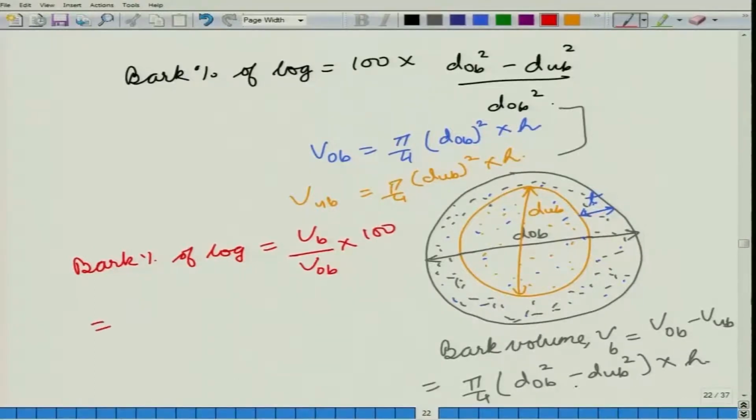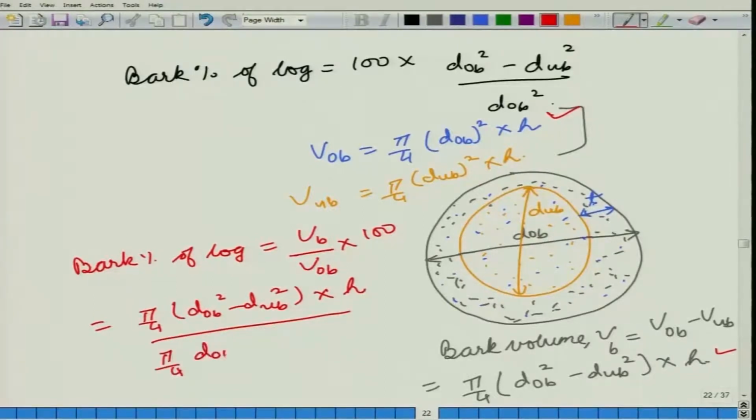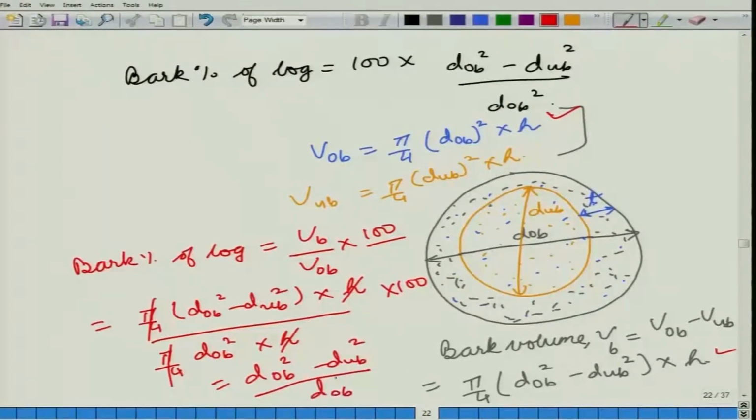So, it is VB, we take it from here, pi by 4 into DOB square minus DUB square multiplied by height, divided by the overbark volume from here. So, it is pi by 4 multiplied by DOB square multiplied by h, and then we need to multiply it by 100. So, pi by 4 and pi by 4 get cancelled, h and h get cancelled. So, we get DOB square minus DUB square divided by DOB square multiplied by 100, which is this formula. So, this is the bark percentage of log.